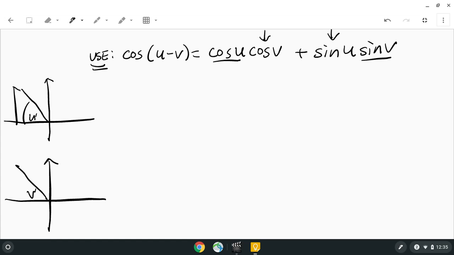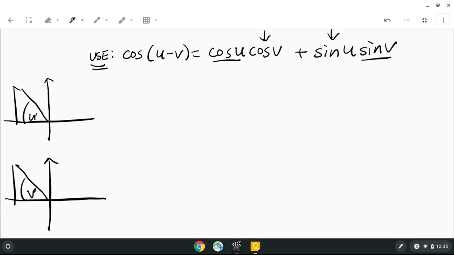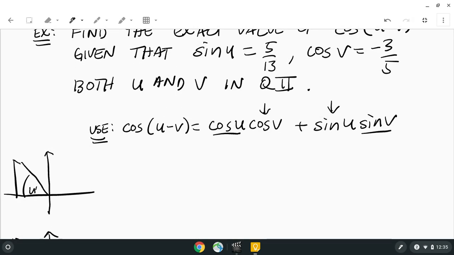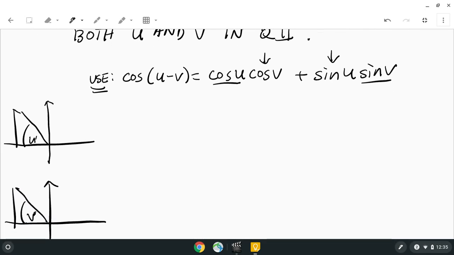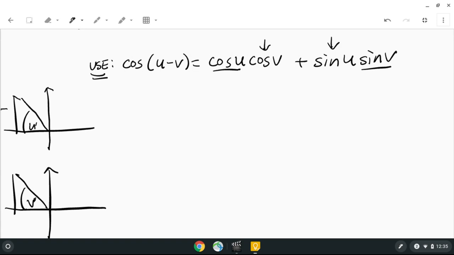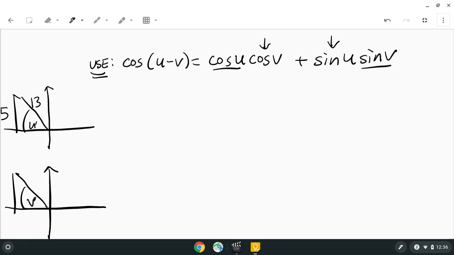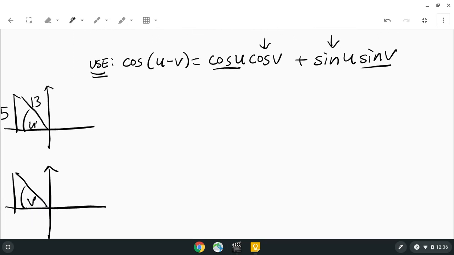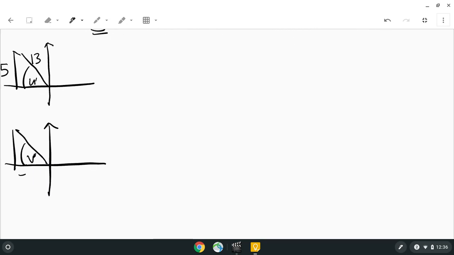Let's take the information that we do know about these. We know that the sine of u is 5/13, and from there, we can use the Pythagorean theorem, right? And then v is -3/5, so that's negative 3 over 5.